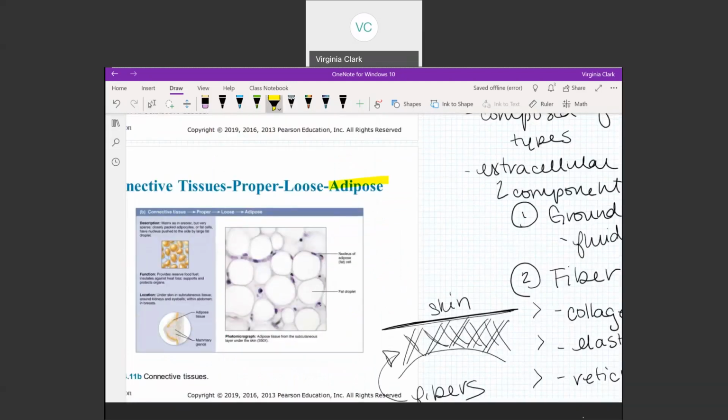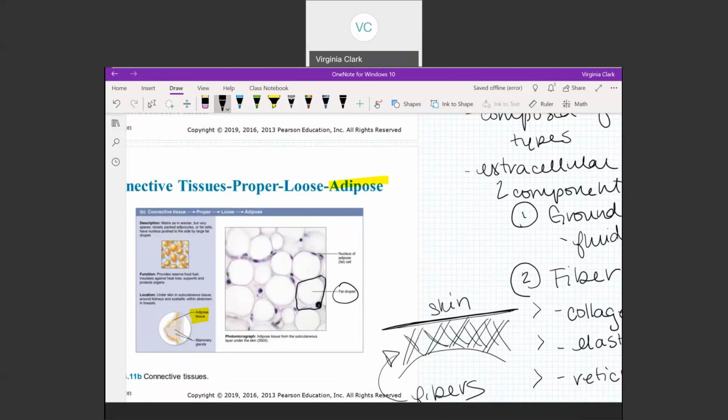This is going to be your fat tissue. So this is really, really important. You'll notice that this is actually not the cell. This is actually a fat droplet. So it's clear. The cell is around this. So there's the nuclei. But this type of tissue can store fat droplets in it. They look clear, so that's what you're seeing here.